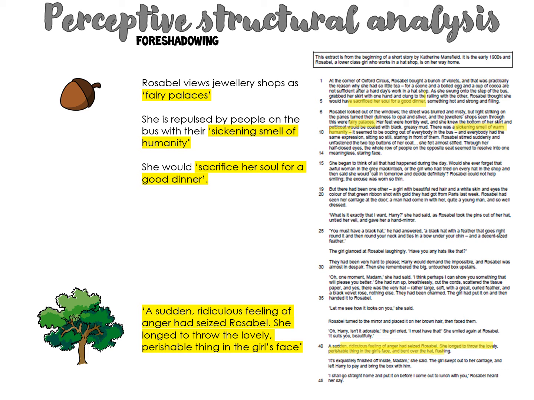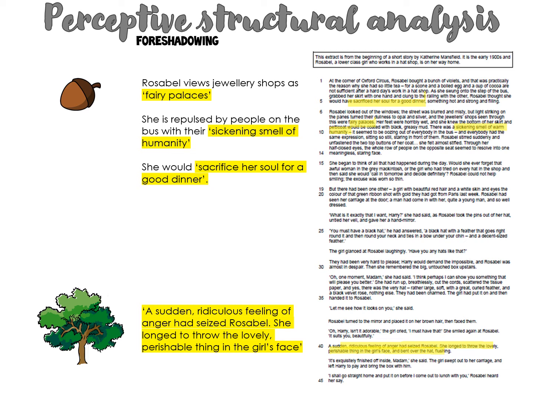So at the top of the extract, you can see that Rosabelle is described as desiring to sacrifice her soul for a good dinner. She's that hungry. She looks at jewellery shops and she thinks of them as fairy palaces. But she goes on the bus and she's also repulsed by the people who are on the bus with her.